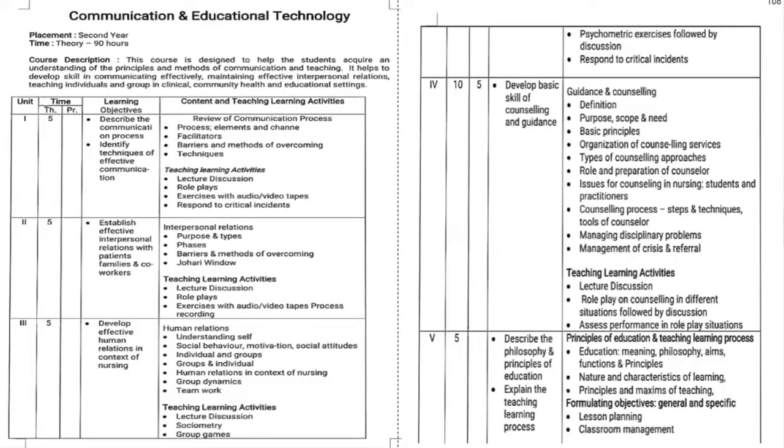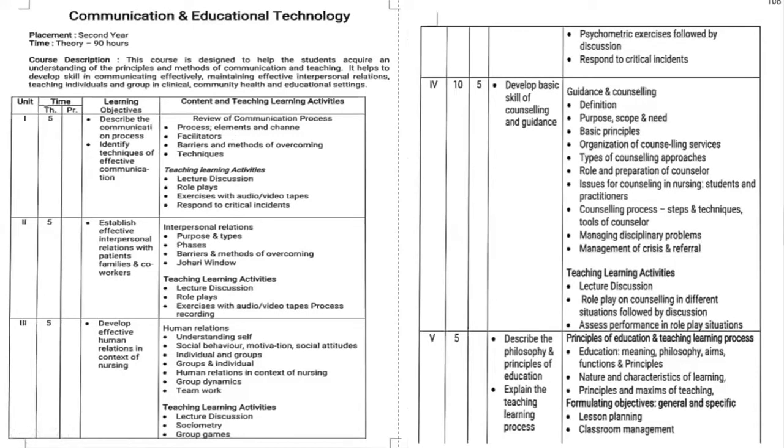Okay, first unit, theory is 5 hours. First unit is the review of communication process. You already studied this in first year, in the first unit of communication, that is over.